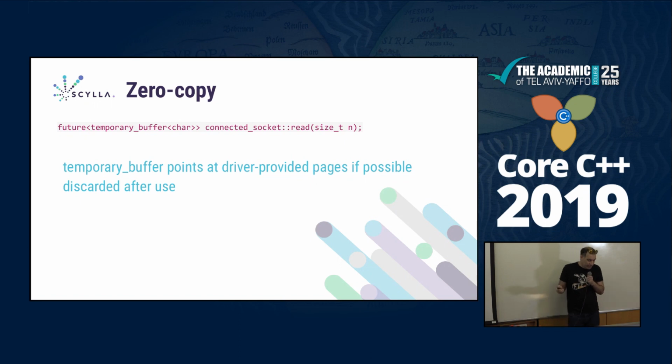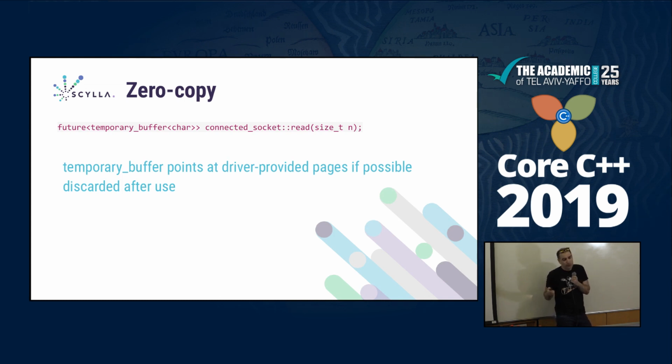Okay, so zero copy. Because we're such performance freaks, we try to avoid copying. So we have a temporary buffer, which is a sort of a string type, but it has some nuances in that you can control the way that it is shared and deleted.